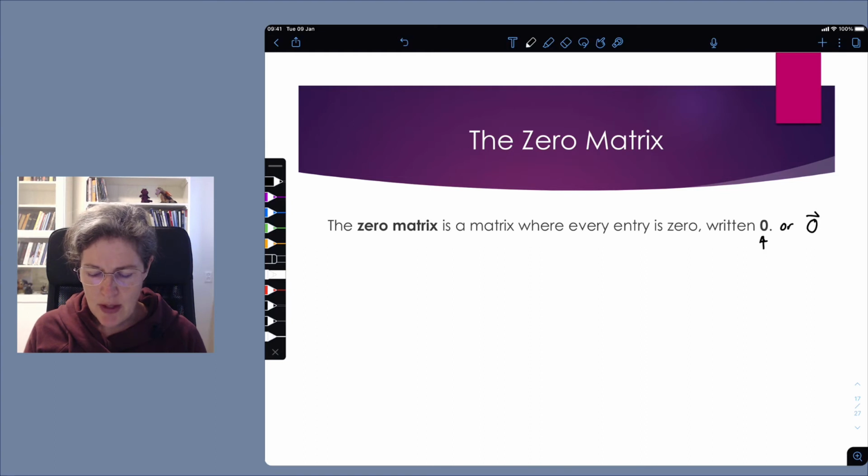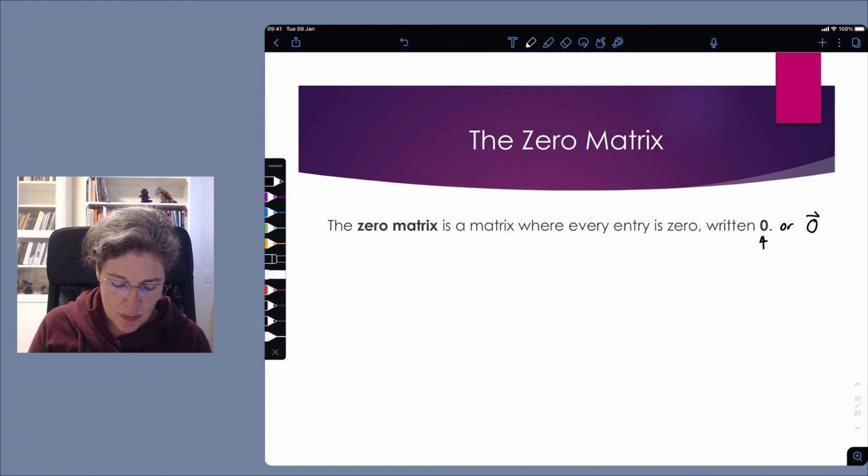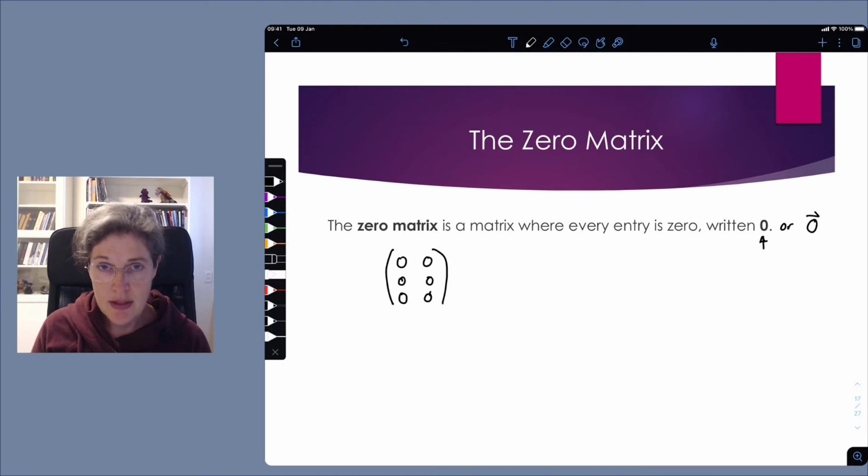So you might be saying, okay, but which matrix are we talking about? What are its dimensions? It's kind of assumed that you know the dimensions that you're talking about, that it will be whatever the dimensions are necessary in order to solve the problem you're looking at. So for example, here is a 0 matrix.